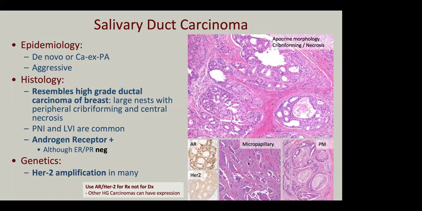You see androgen receptor strong nuclear and generally HER2 membranous. They ask for these in salivary tumors mostly for treatment purposes. So can they treat the patient with androgen antagonists? Can they treat them with Herceptin? Because these are good therapeutic targets. ER/PR should not be positive to any significant extent in a salivary tumor. If it is, it's a metastasis from a breast cancer.